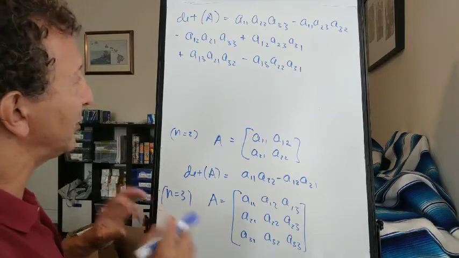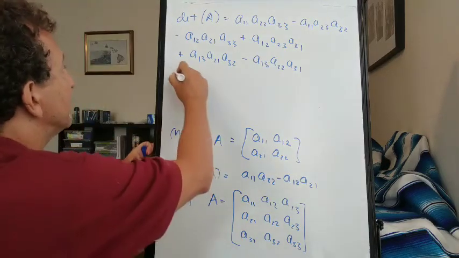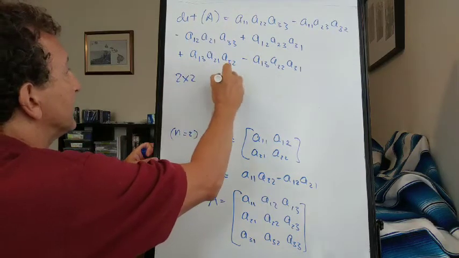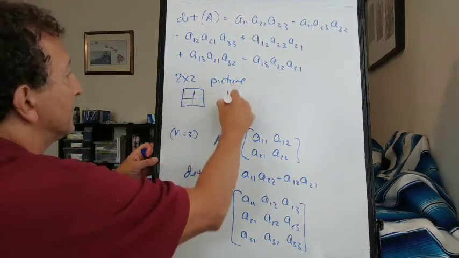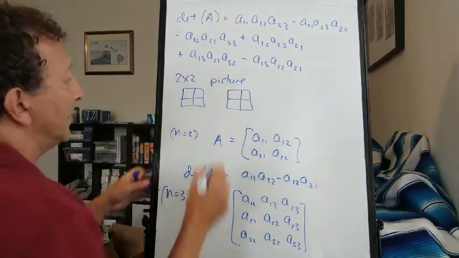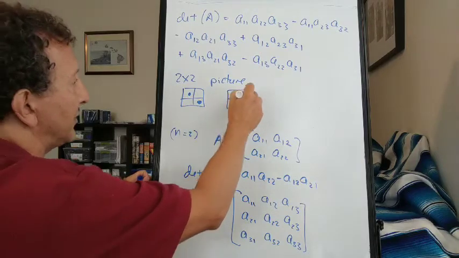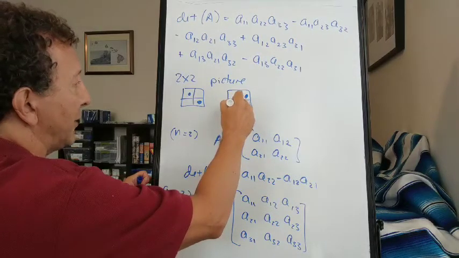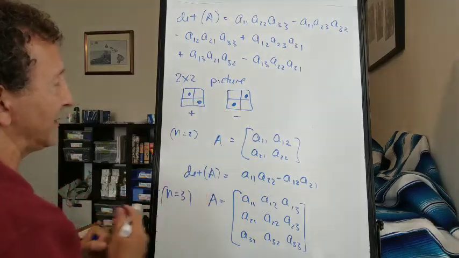But we never have two entries in the same row or two entries in the same column. In the 2 by 2 picture, we've got this product of entries and that product of entries, this one with a plus sign and that one with a minus sign.